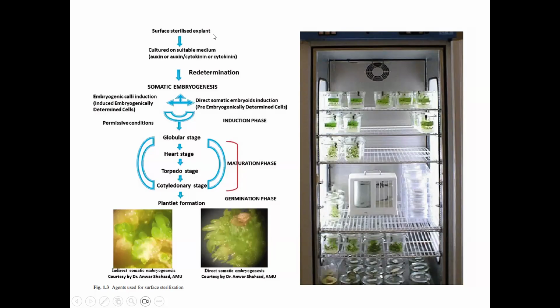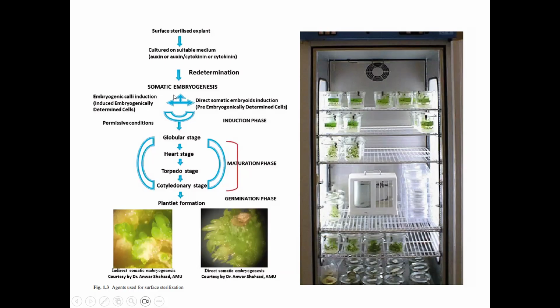So after surface sterilization, the sterilized explant is cultured on a suitable medium containing auxin and cytokinin in a certain ratio, and redetermination, somatic embryogenesis takes place, and gradually you see first callus formation, and then gradually plantlets develop. That is organogenesis taking place.